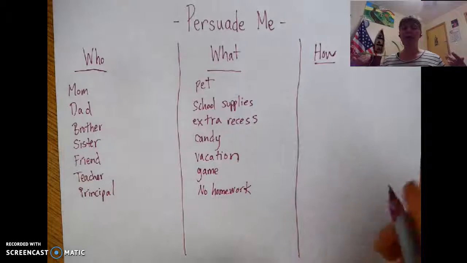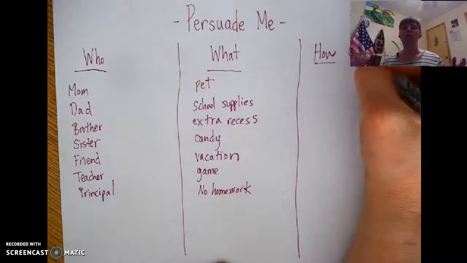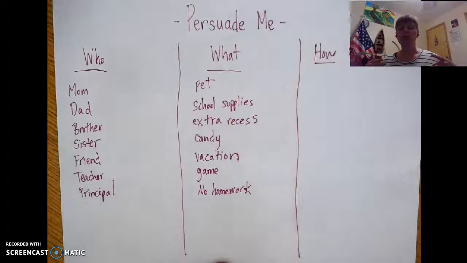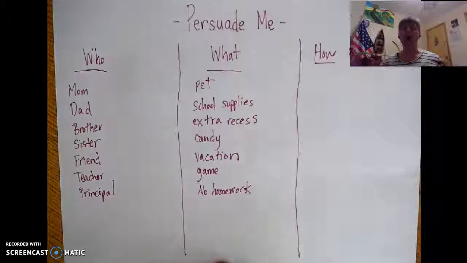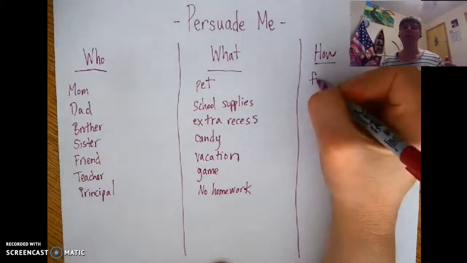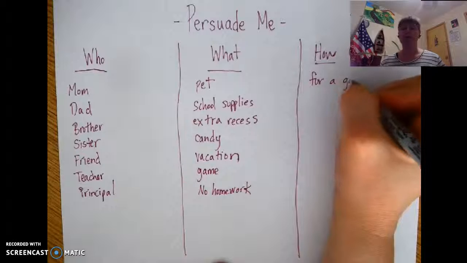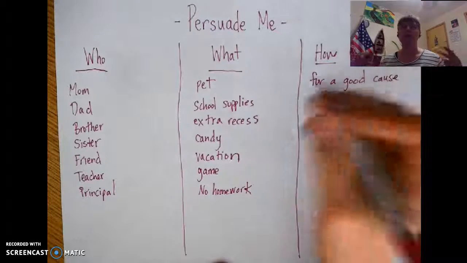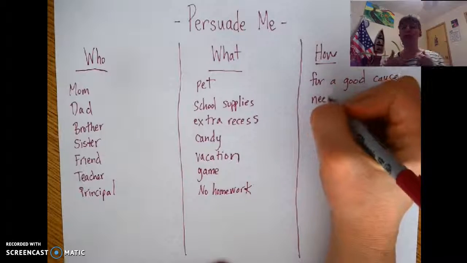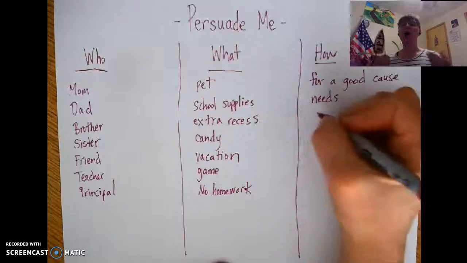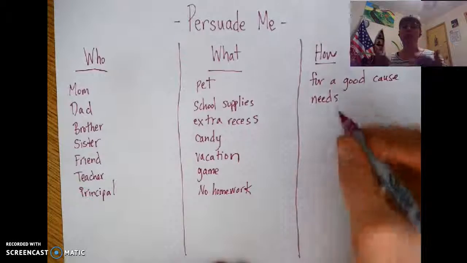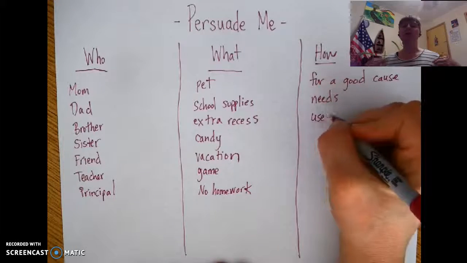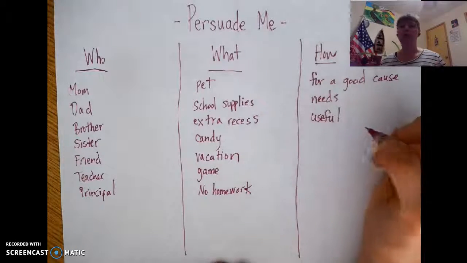Now, there are certain methods that we use, different ways that we use to persuade people that we talk about, okay? So for a good cause, something is for a good cause. Something is persuasive, something that we need. So it's our needs. Something that can be found useful, okay?